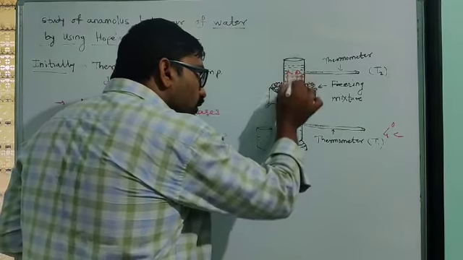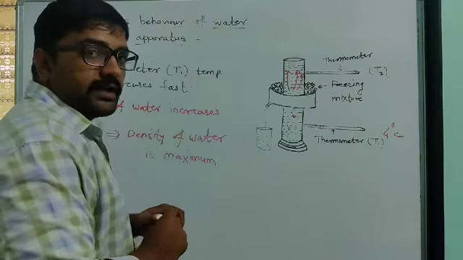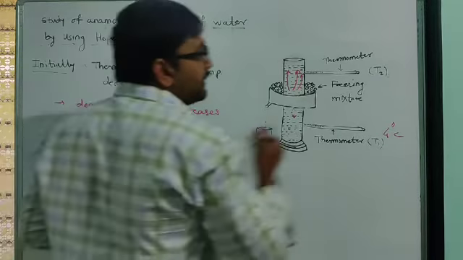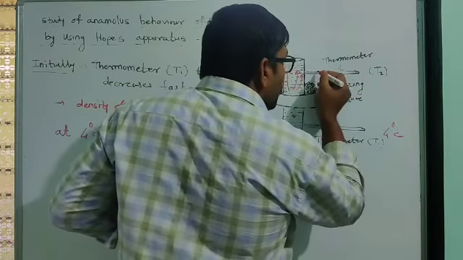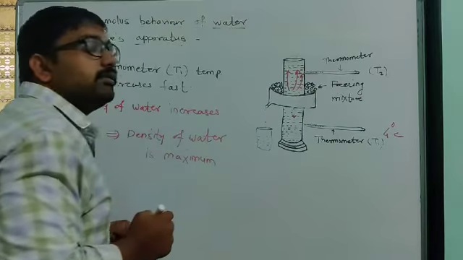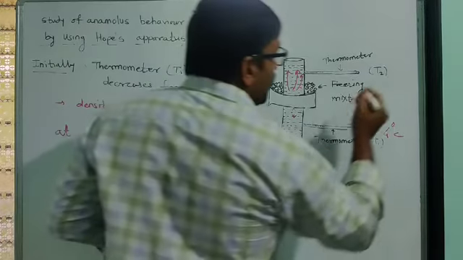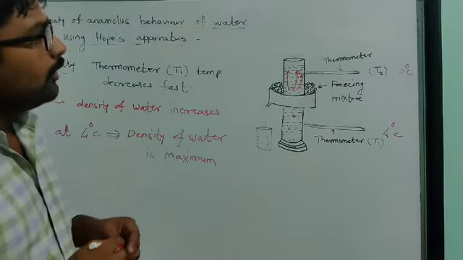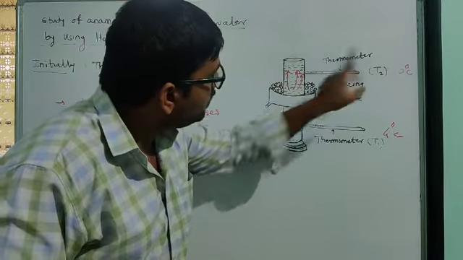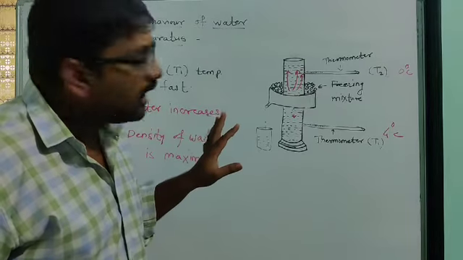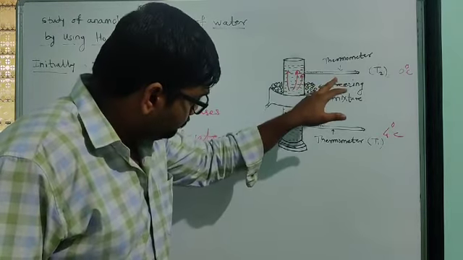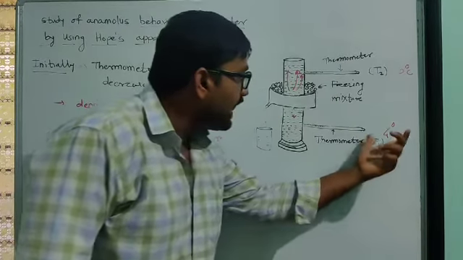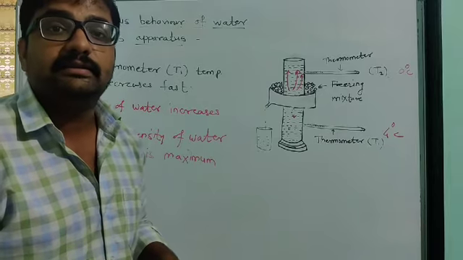The water moving upward, which has a temperature less than 4 degrees Celsius, causes the temperature of this thermometer T2 to fall again, and it will reach 0 degrees Celsius. Now T2 is at 0 degrees, but thermometer T1 still has a temperature of 4 degrees Celsius.